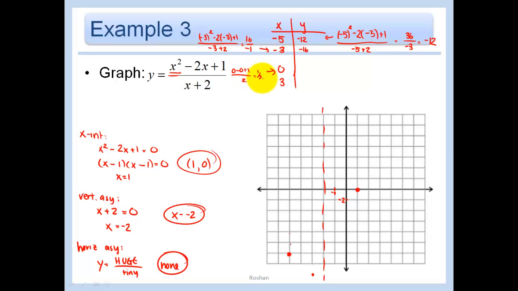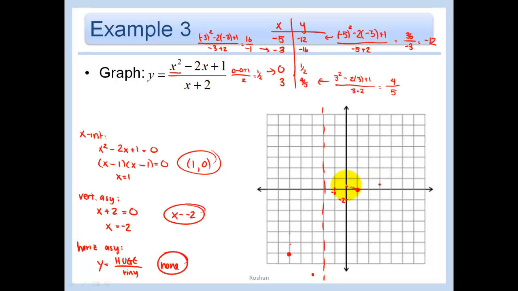That's just 1/2. And then when we put in 3, we get 3 squared minus 2 times 3 plus 1 over 3 plus 2. Bottom is 5. The top is 9, plus 1 is 10, minus 6 is 4. So that's almost 1, not quite. Remember, I went up by 2's.